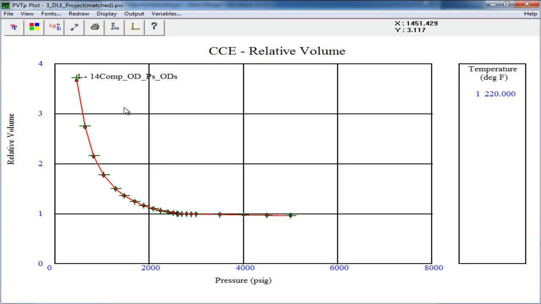So, here we describe what's the percentage or how much oil will shrink compared to the oil at the condition before going to the standard condition.